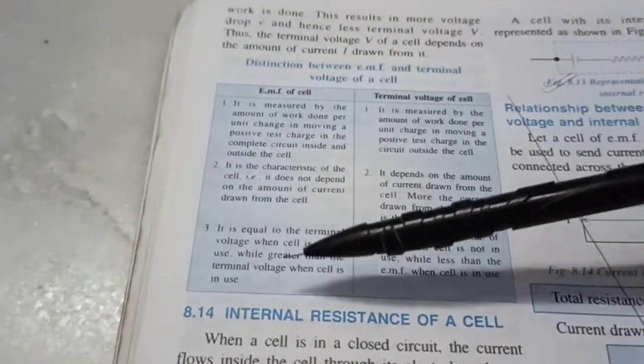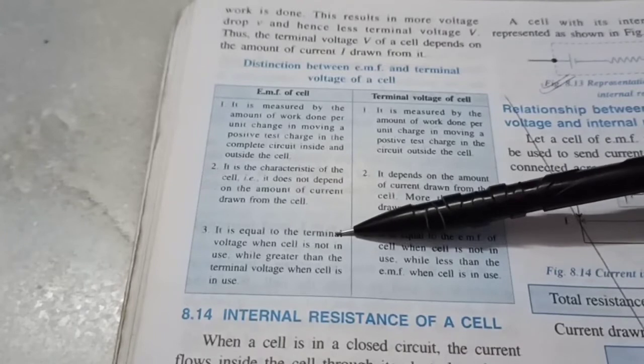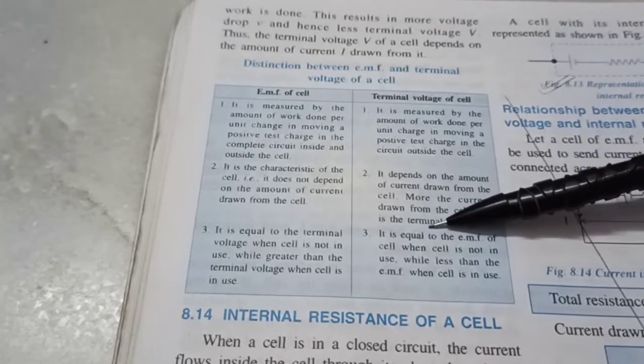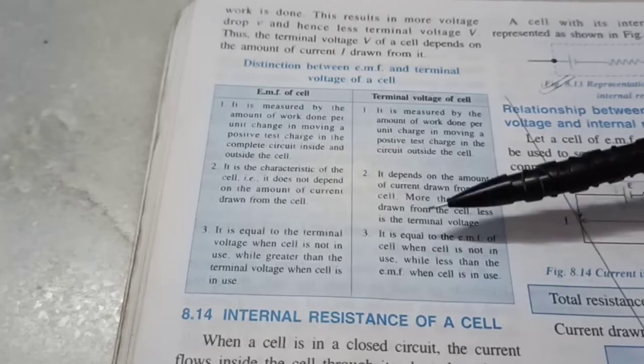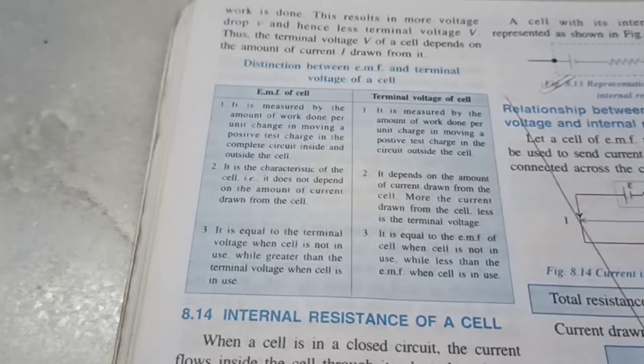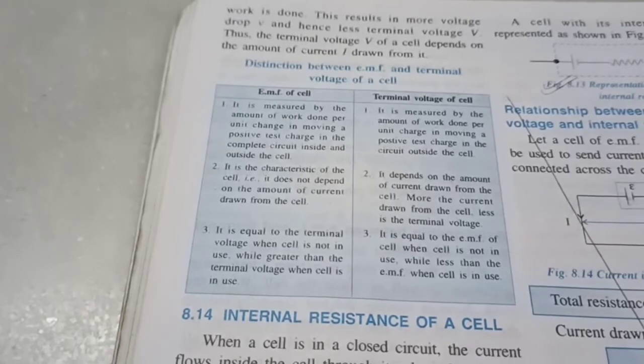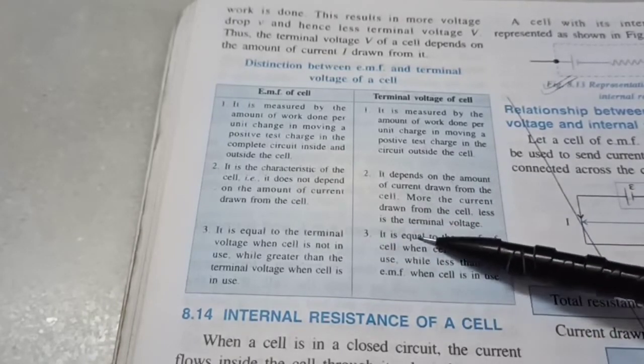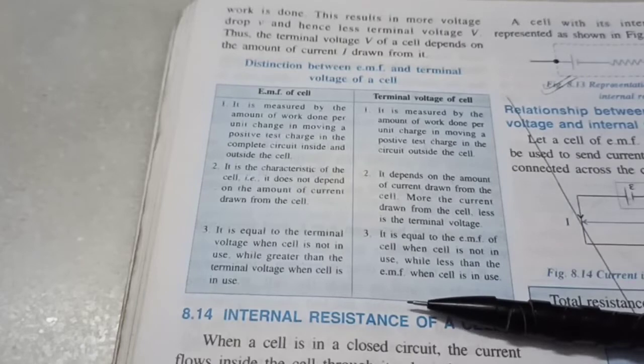The third point is that EMF can be equal to or more than terminal voltage, and the terminal voltage can be equal to or less than, but never more than EMF. There is one case in which the terminal voltage can be more than the EMF. That is when you are charging a cell.